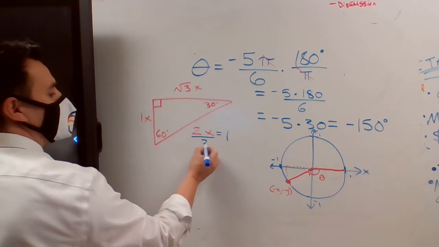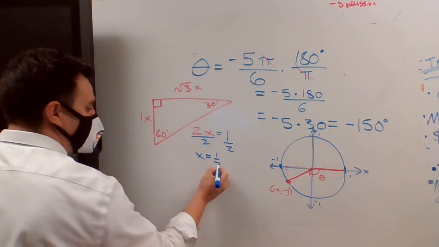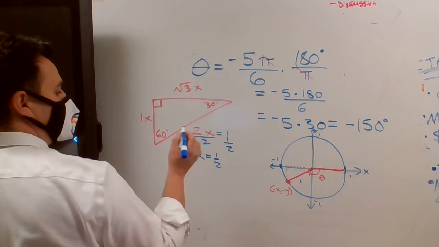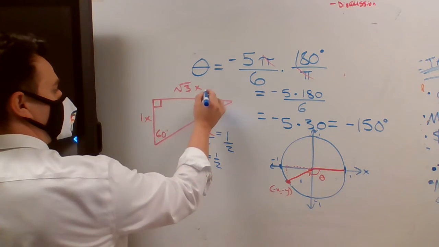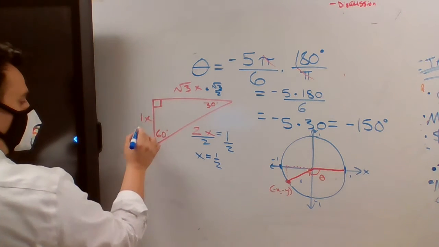So what are we multiplying by? What is x equal to? X is going to be a half. So this side is 1. And this side is going to be root 3 over 2. This side is going to be 1 times 1/2.